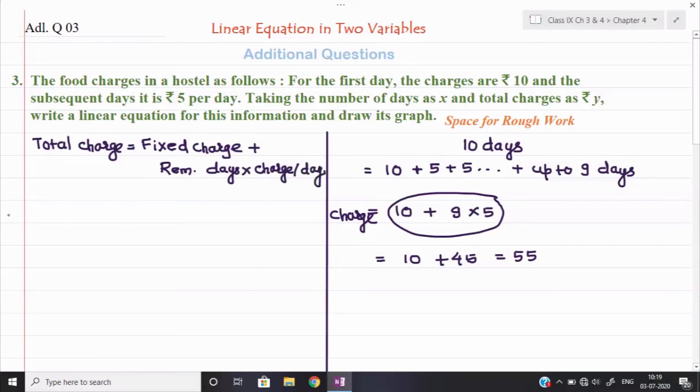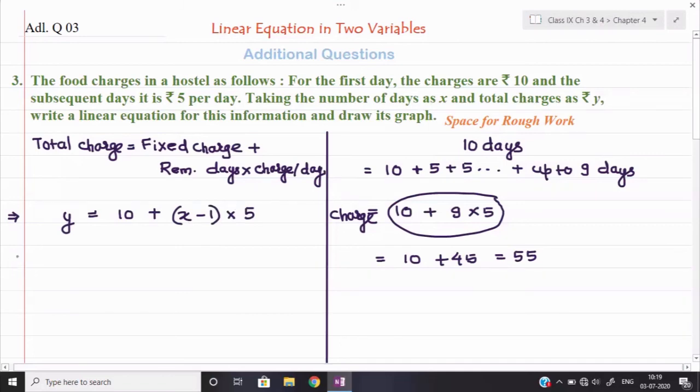So now see, total charge we are supposing by y, then fixed charge we have been given in the question as 10. Total number of days we have x here, out of x one day charge of rupees 10 is already given, so the remaining number of days are x minus 1, and the charge thereafter will be 5.